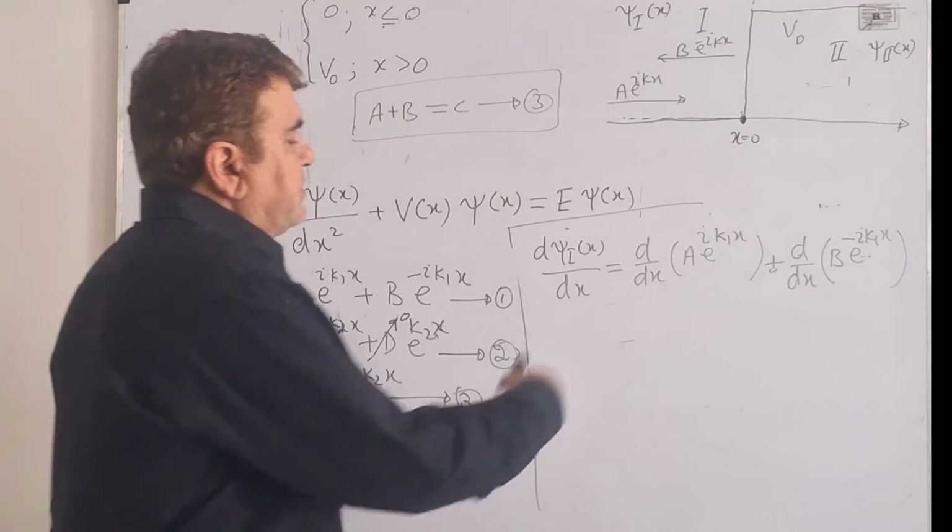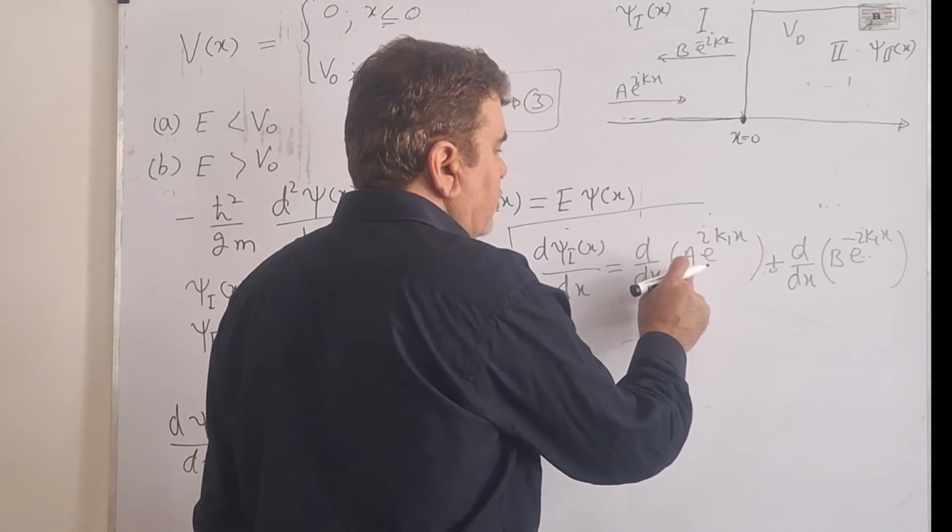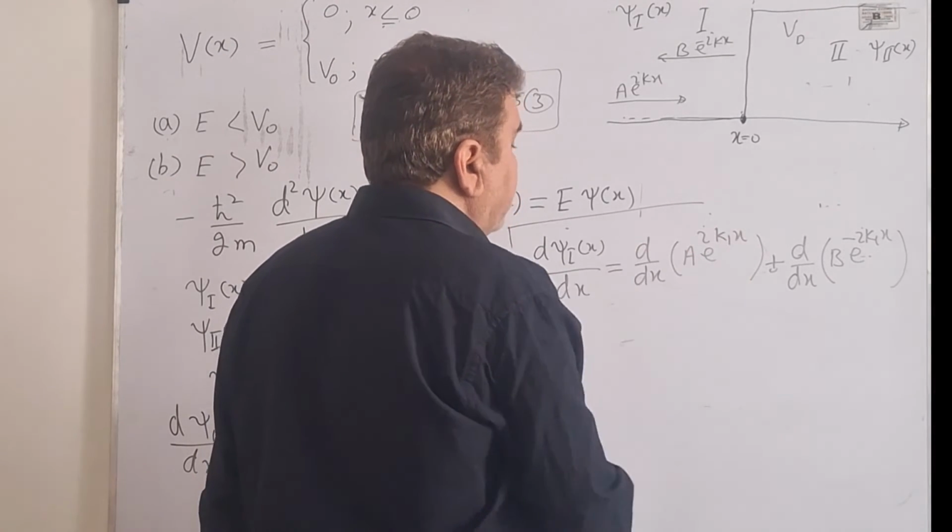Now this is very straightforward. The derivative of a constant times a function is equal to the constant times the derivative of the function.